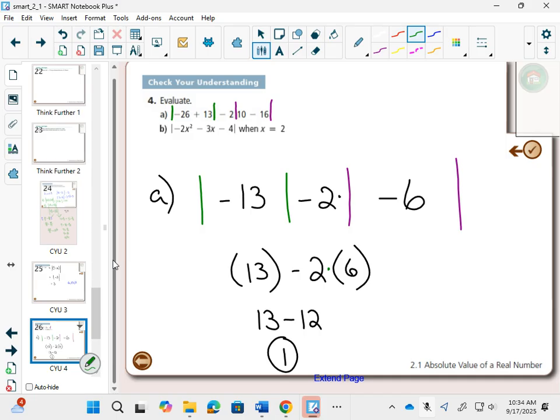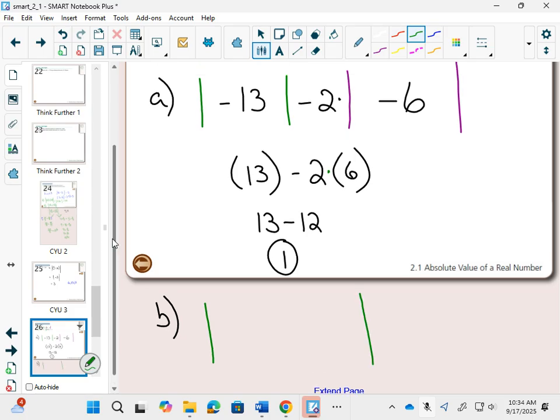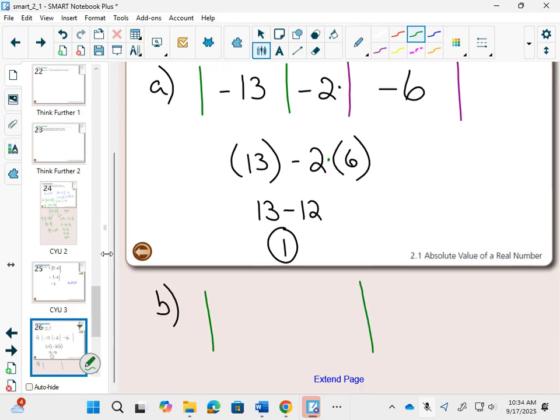Same thing in B. I go to color code. I only have one absolute value, so this isn't very hard. And I just have to substitute things in when x is 2. So in B, my one absolute value, I plug in 2, so I'm going to have -2. When plugging in a number, again, it's good to put it in brackets, -2 squared, and then we have -3 times 2, and finally -4.